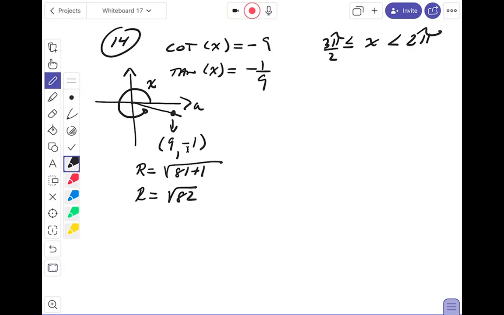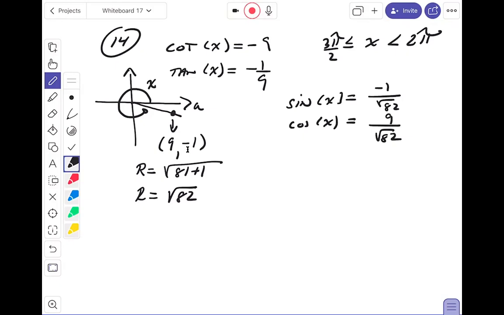So the sine of x and the cosine of x, root 82 on the bottom, root 82 on the bottom. And the sine is going to be minus 1, and the cosine is going to be 9.